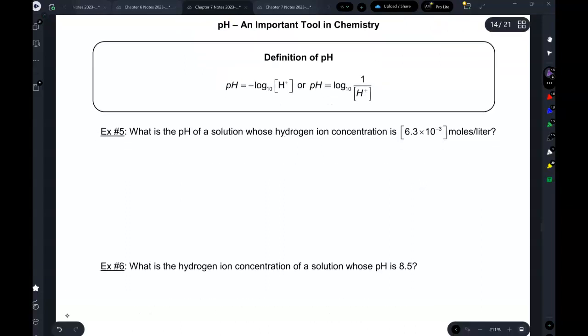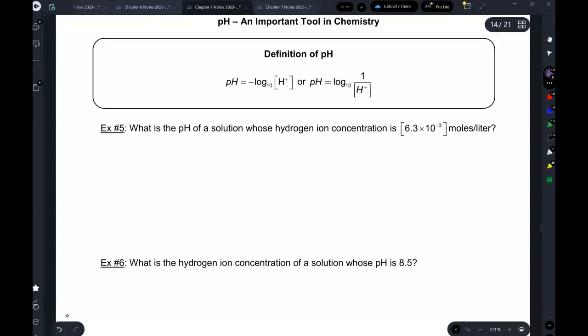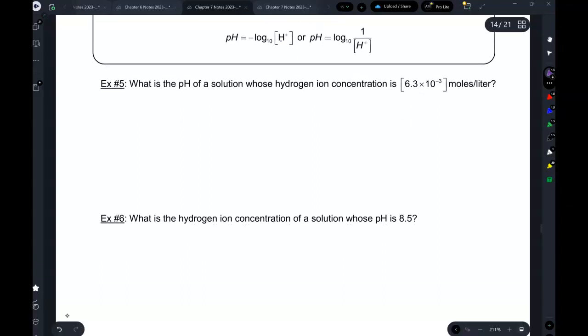It's basically a formula, negative log base 10 of H plus in brackets. This means the concentration of H plus ions. Okay, so it's hydrogen ion concentration.